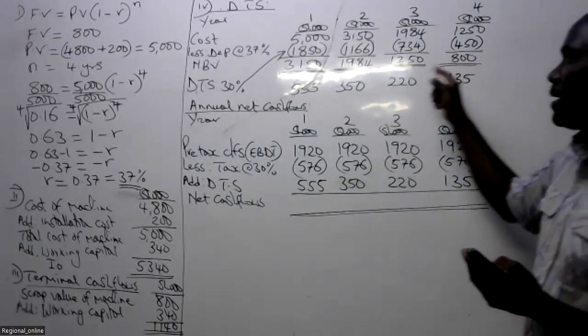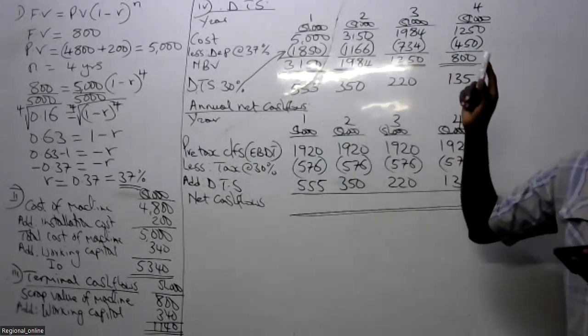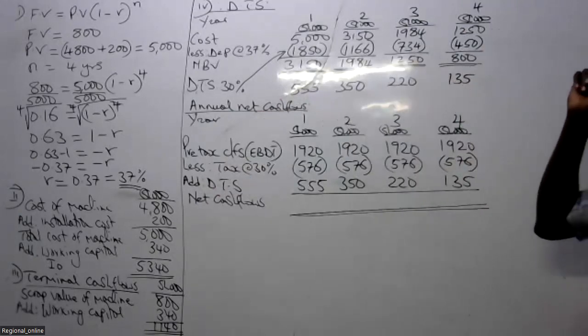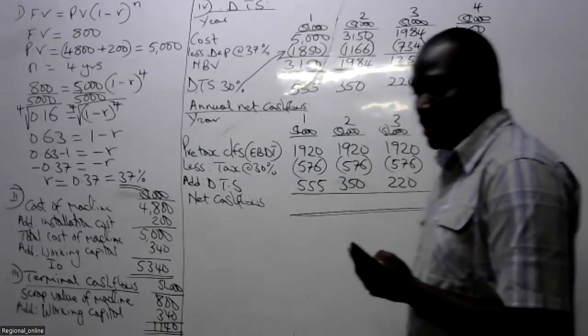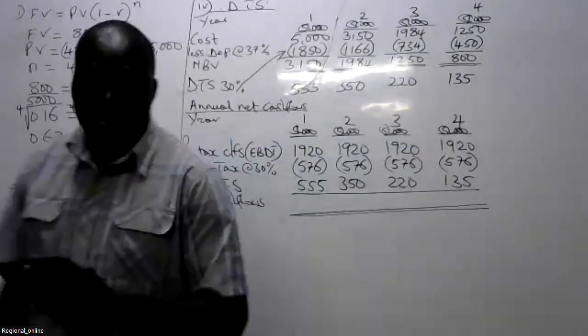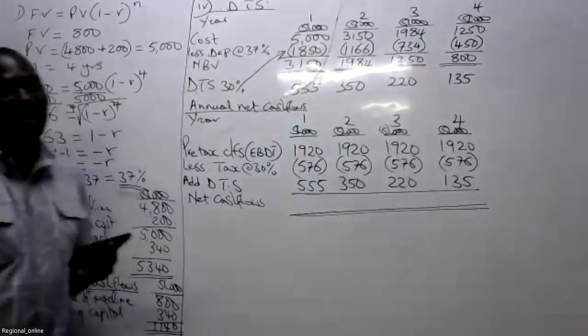Hapa the terminal cash flow. Ilikuwa itumike kwa miaka ngapi? Kwa miaka 4. The scrap value. So 800 is the value after the 4 years, the scrap value of that machine.